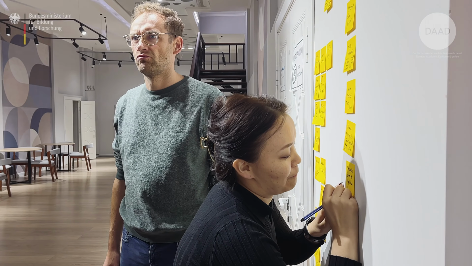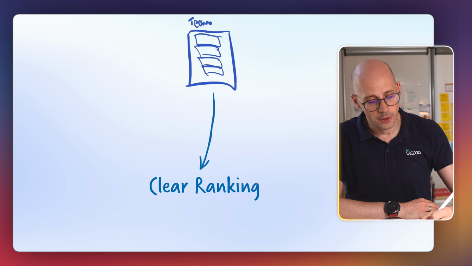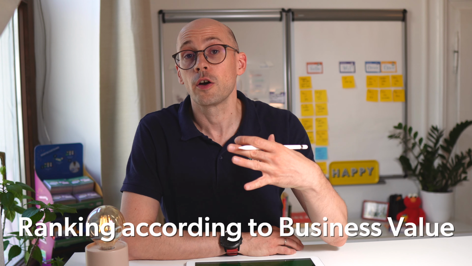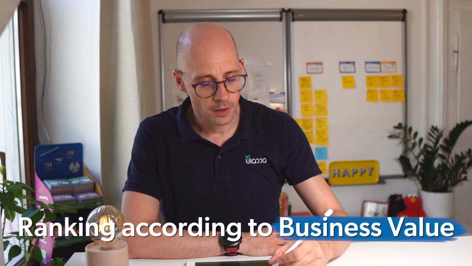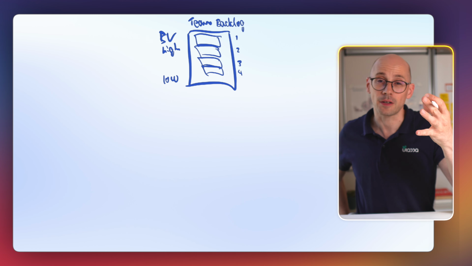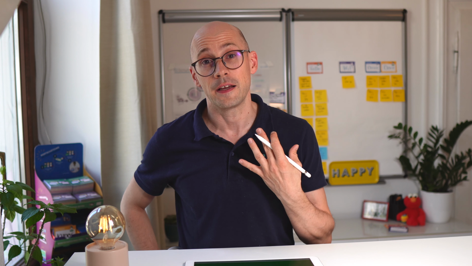Very important here is to have a clear ranking. So we have a number 1, a number 2, a number 3, and a number 4. And we rank according to our business value, whatever that means for our team. With this team backlog, the team can now pull in the work they are going to work on.